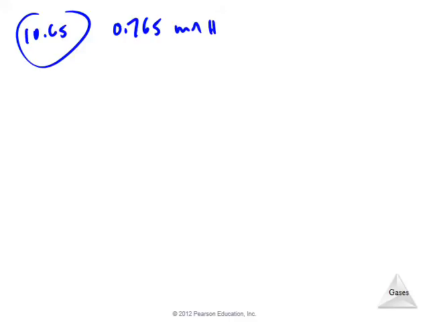This is number 10.65: 0.765 mole of helium, 0.330 mole neon, that's also gas, and 0.110 mole argon.